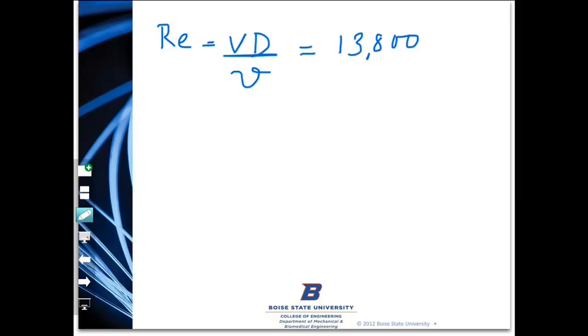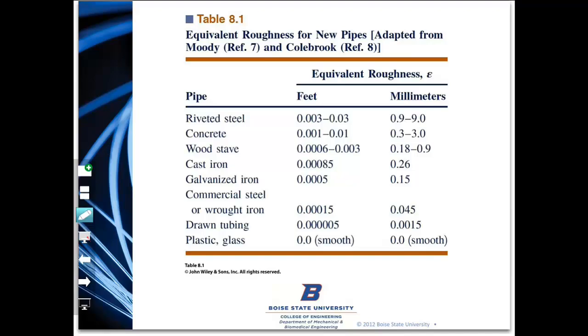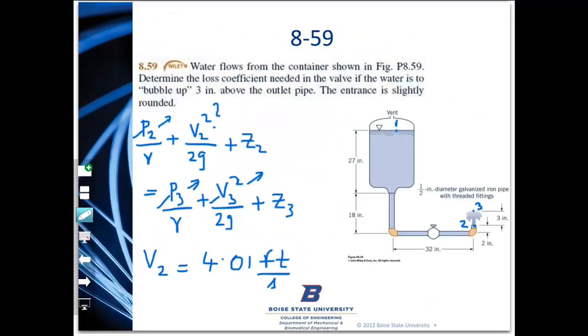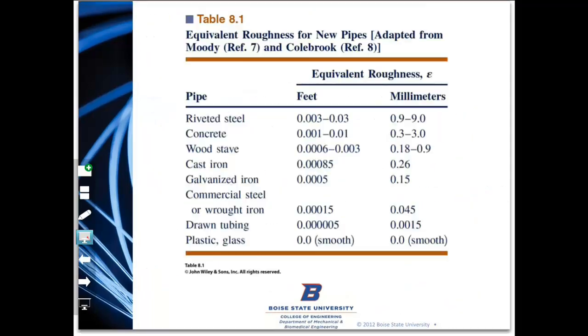If you want to find the friction factor, you have to find the roughness as well, since it's not a smooth pipe. You're given that it is a 1/2 inch diameter galvanized iron pipe with threaded fittings. So you go to table 8.1.